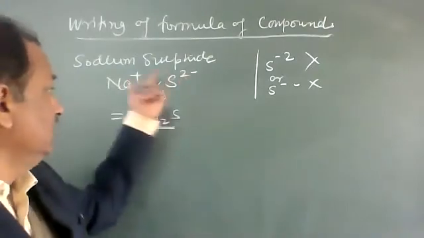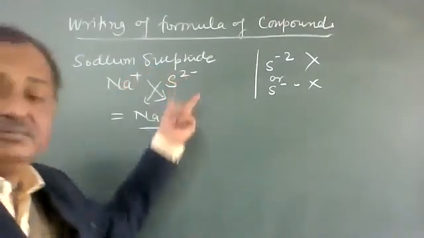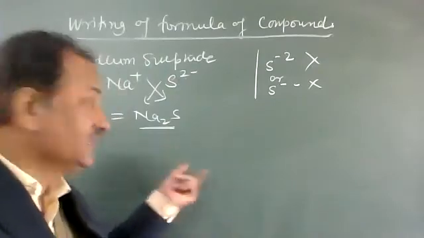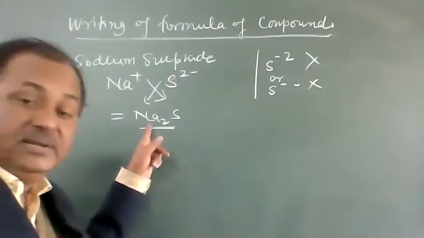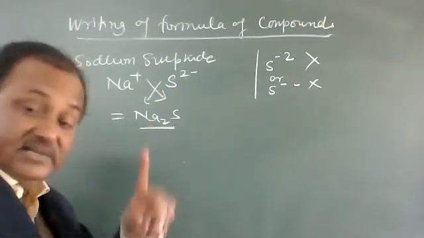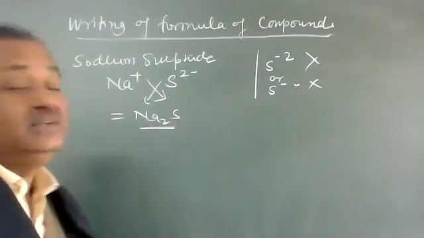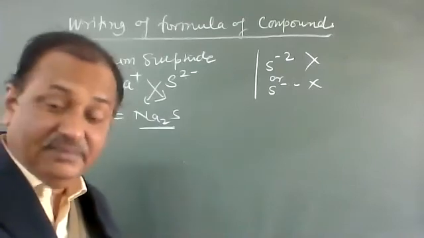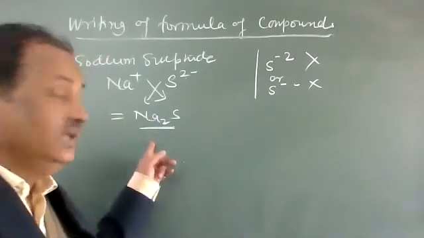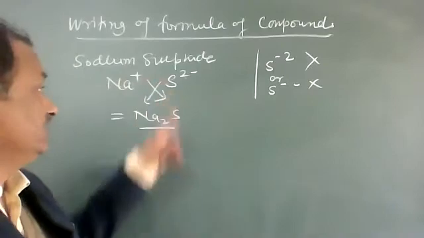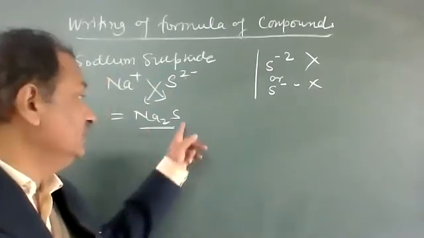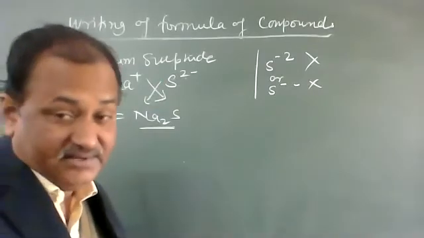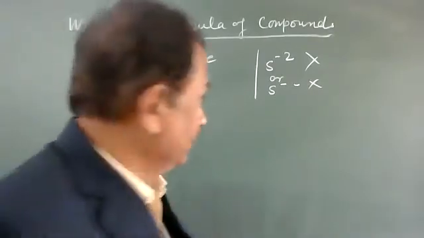This means that in a molecule of sodium sulfide, 2 sodium ions are present and there is 1 sulfide ion. Again I am repeating, one molecule of sodium sulfide has 2 ions of sodium and 1 ion of sulfide.